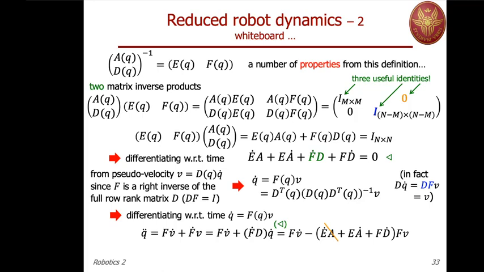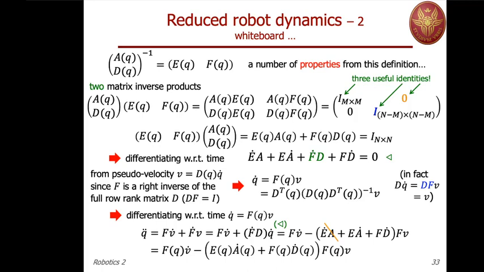So this term can be eliminated, and we end up with the formula that we have given in the previous slide. So the full acceleration in terms of generalized coordinates of the robot, when we are constrained on the geometric surface, takes the form F times v dot minus (E A dot plus F D dot) times F v again.